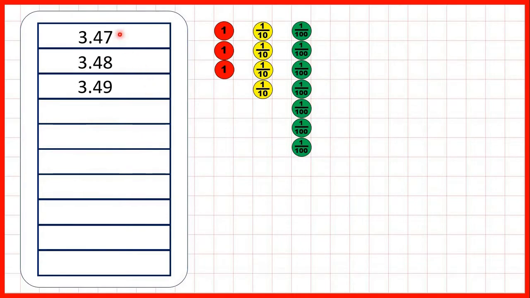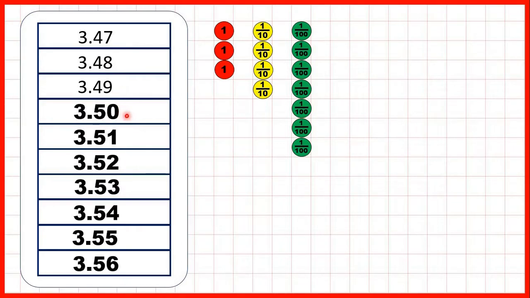Now 3.47, 3.48, 3.49. What are our next 7 numbers? Well, we're counting in hundredths, and we can see 3.50 is usually just written as 3.5 because we don't need zeros on the end of decimal numbers.